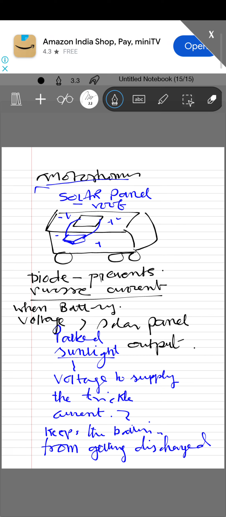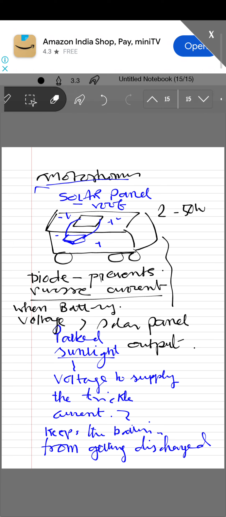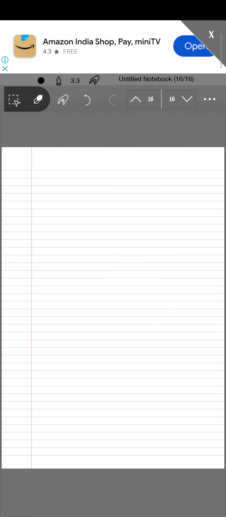So many units are available with power ratings from 2 to 50 watts for motorhomes. Now coming to the last device, that is number 3, the phototransistor.